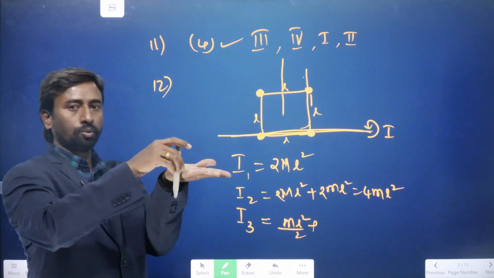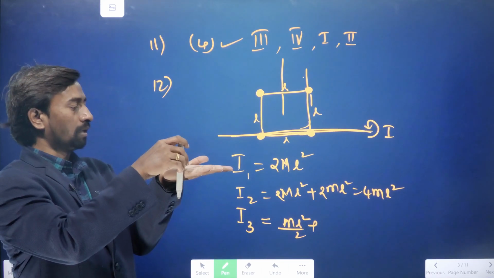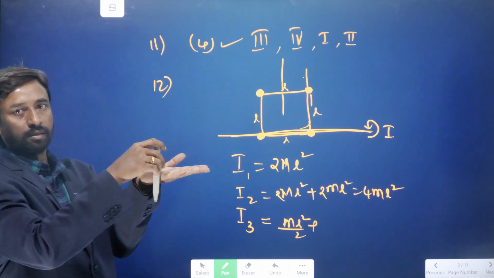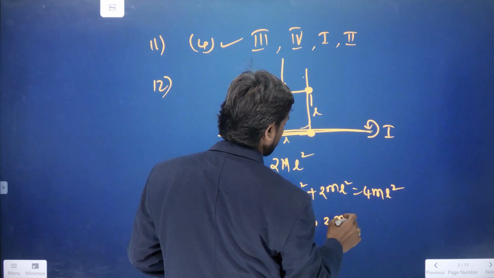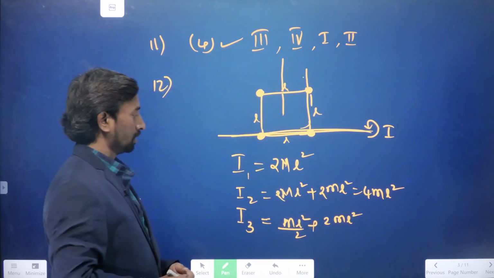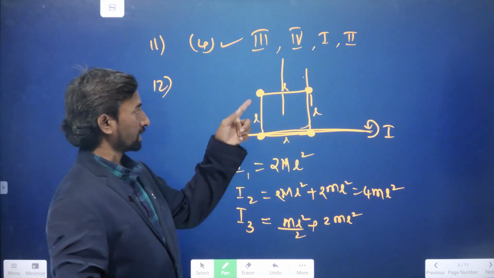These two are at half the distance from the axis of rotation, and the other two masses, both the masses are at a distance of L there. So at a distance of L we can add 2 mL square there. Okay, that is the moment of inertia of the two masses about that axis of rotation there.